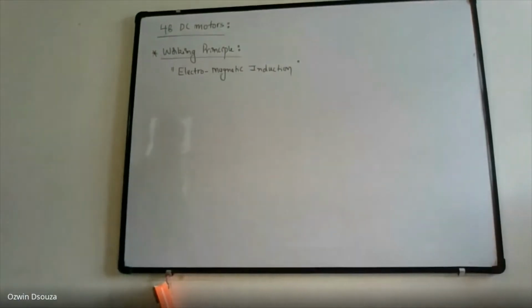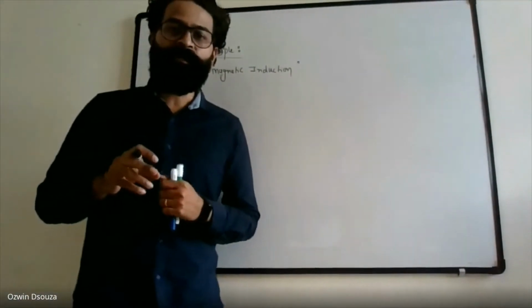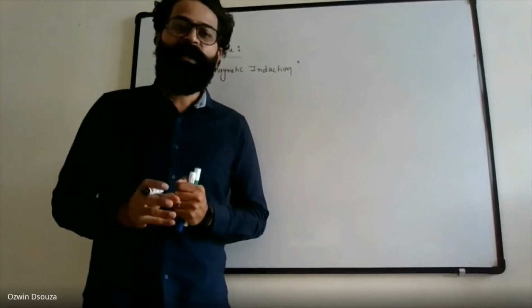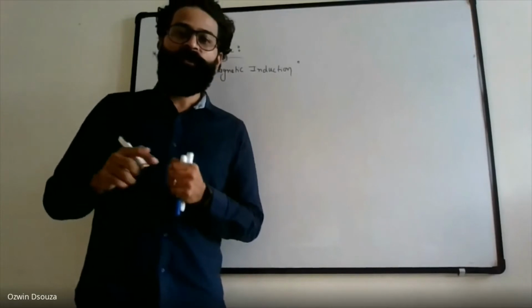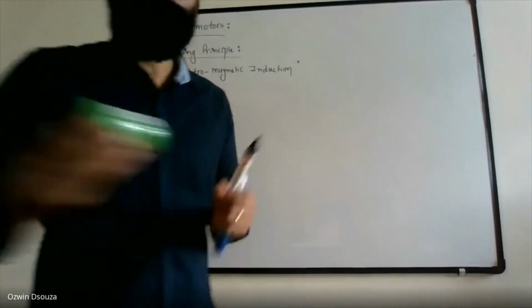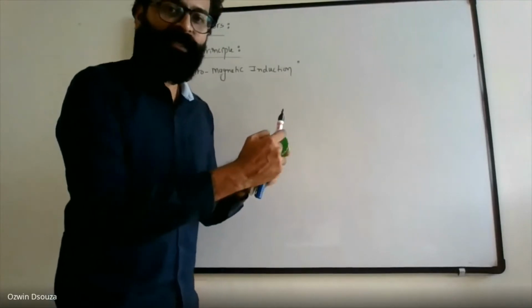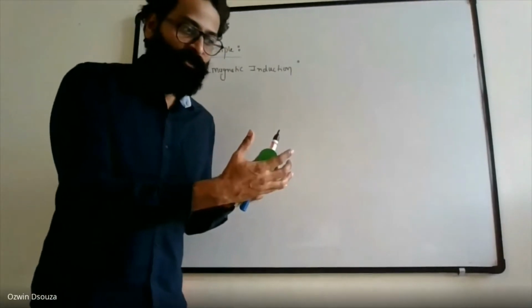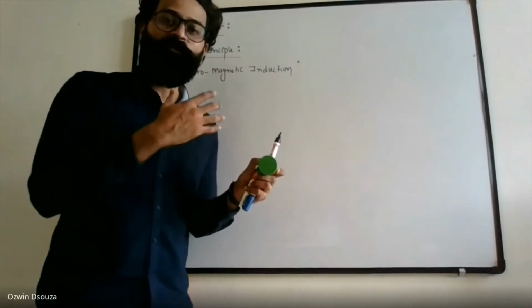Whenever a current carrying conductor is placed in a magnetic field, it experiences a force, and the force acting on the cylindrical surface gives rise to a torque, and this torque makes the motor rotate.